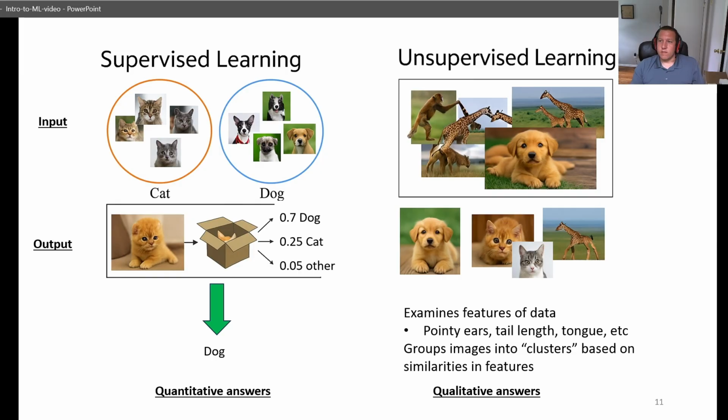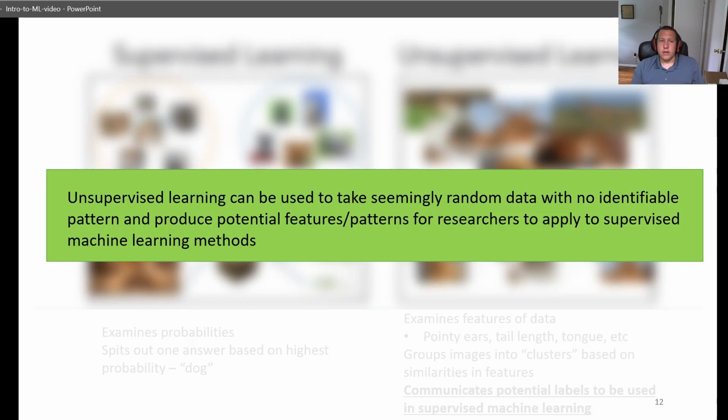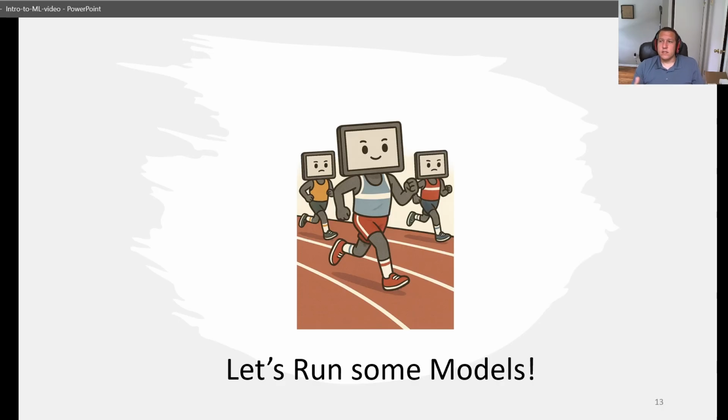With unsupervised learning, you get qualitative answers, but that's not necessarily a bad thing, and it can actually be used to help organize your data to create labels. One thing you can do here is use unsupervised learning to take seemingly random data that has no apparent pattern to you or your researchers and produce potential features that you can then apply to supervised models to create quantitative answers. So let's start that process.